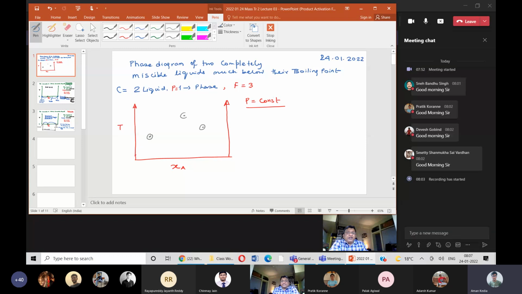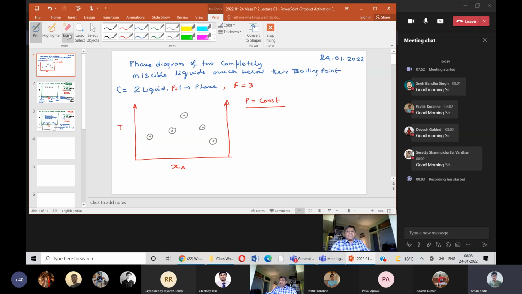So at every temperature, it is possible to have any liquid composition. So that satisfies 2 degrees of freedom. So any system you would like to define, in order to fully define the system, you need to define the composition as well as the temperature.